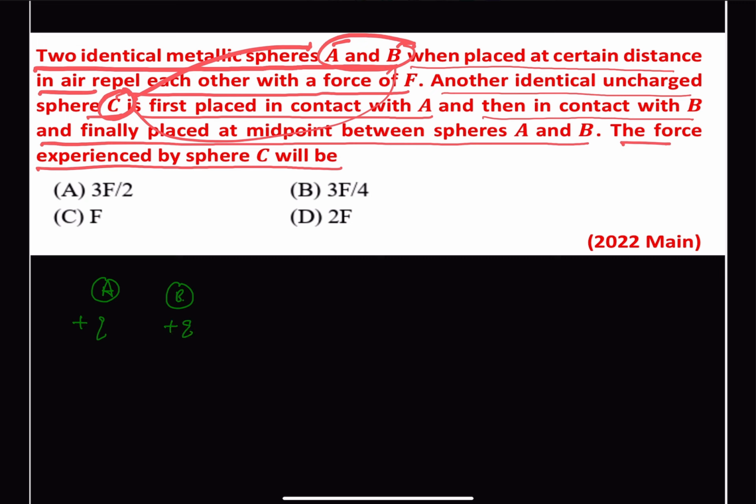So this is our initial condition. And if r is the distance between them, then the force of repulsion, which is our F, will be equal to 1 upon 4 pi epsilon naught, and this comes as Q square upon R square. Then we come to our final condition.